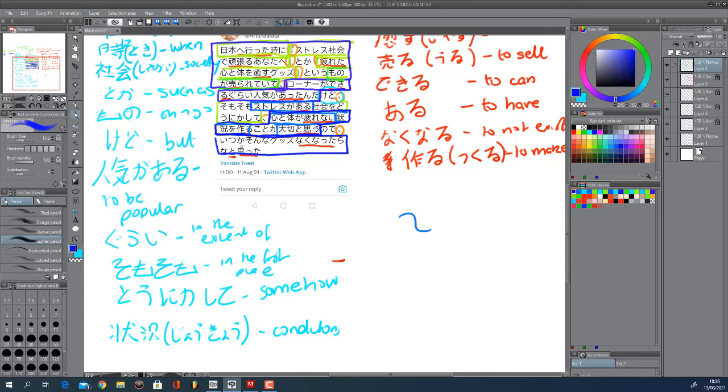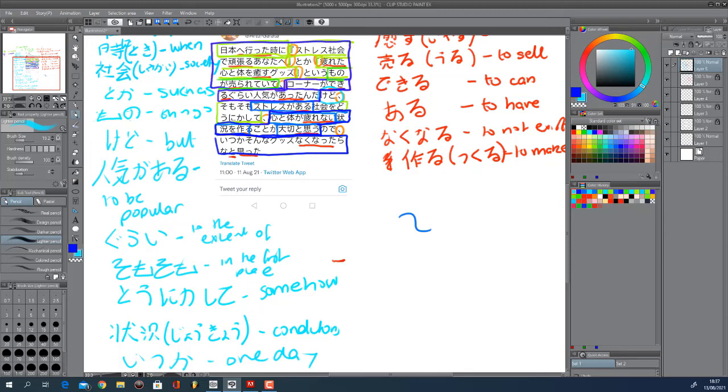So we have いつか, which means one day. そんなぐず, these types of products, these types of items, なくなったらなと思った. So one day these goods will not exist, I think.